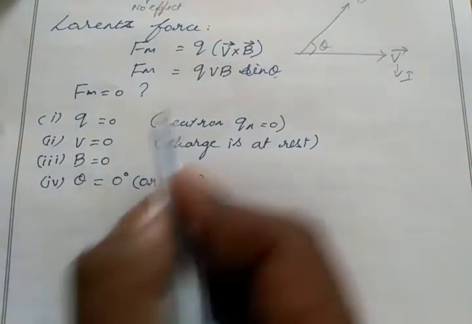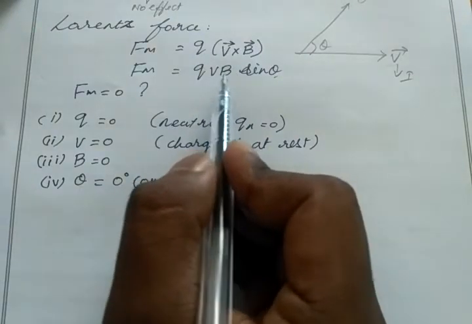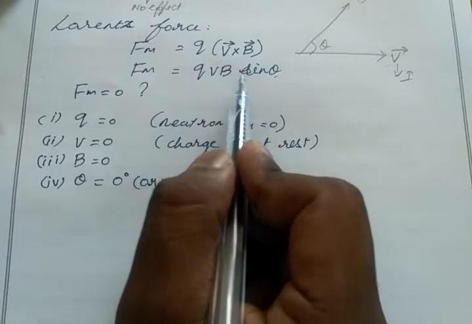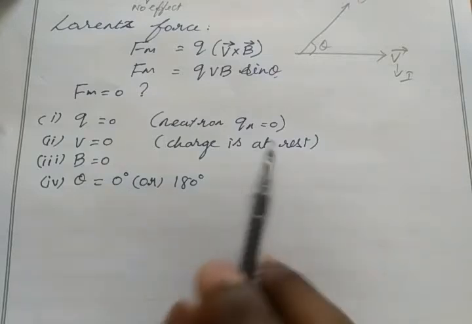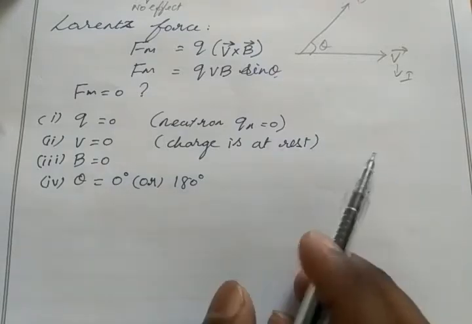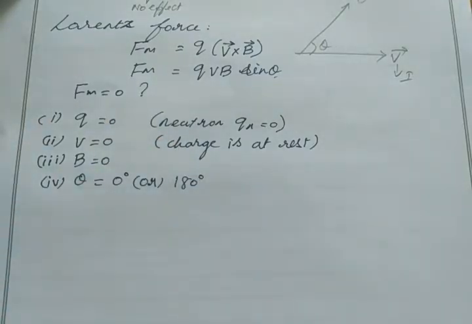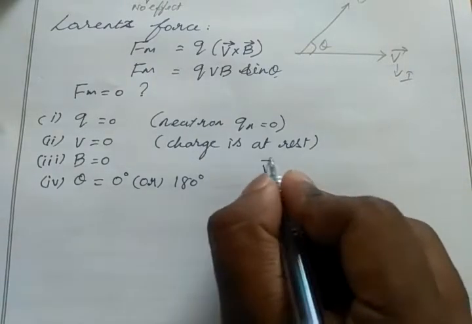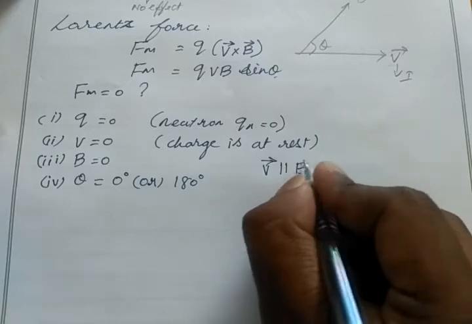Similarly, if magnetic field and velocity are opposite to each other, and the angle created by magnetic field and velocity is 180 degree, sine 180 will always be equal to 0. So both are 0. So I get 0 magnetic force, right? So I can say velocity parallel to magnetic field.